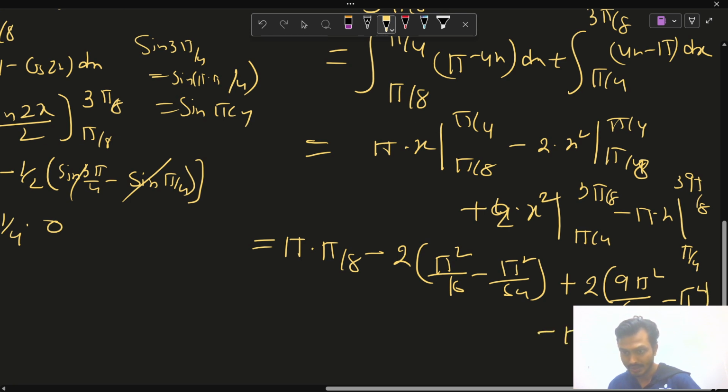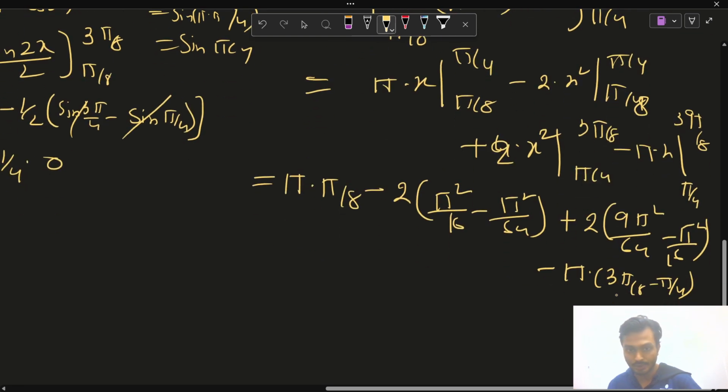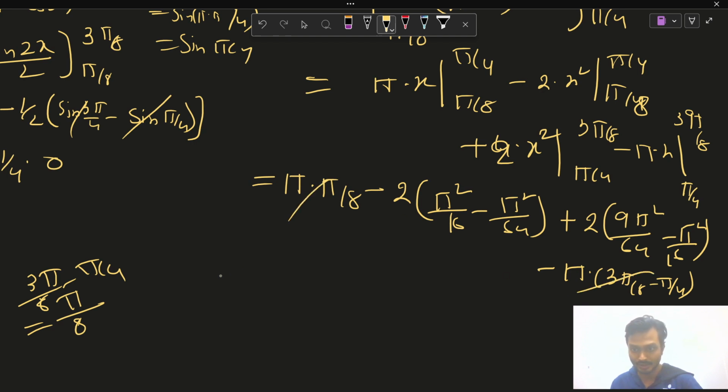Then minus pi into (3 pi by 8 minus pi by 4). Now when we calculate, this is 3 pi by 8 minus pi by 4, so this is 8, and pi into pi by 8, so these terms and these terms will be cancelled.